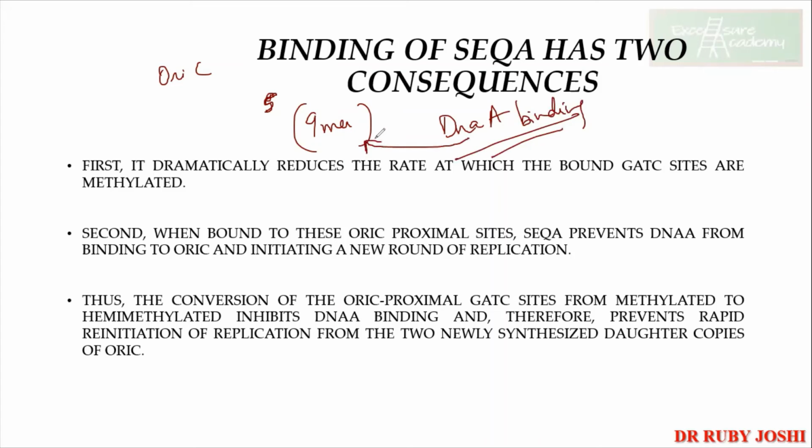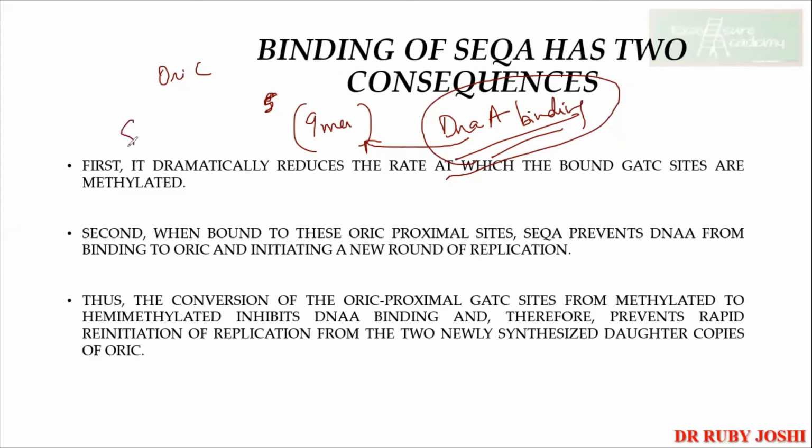It binds to these regions only. Okay, so now at this hemimethylated region, when SeqA protein binds, it is blocking and preventing the rebinding of the DnaA binding protein. So it is preventing the new round of replication.